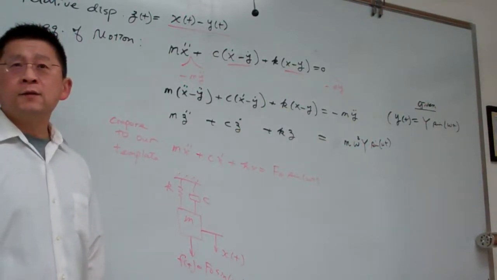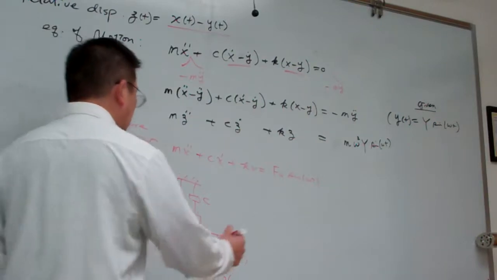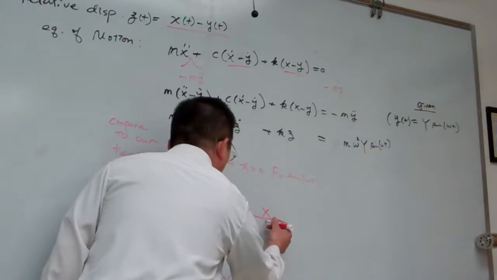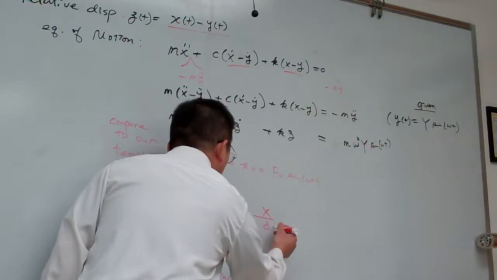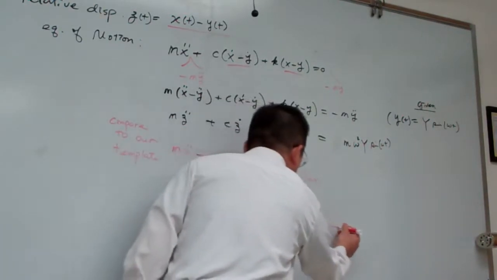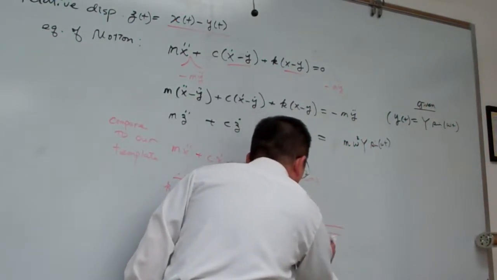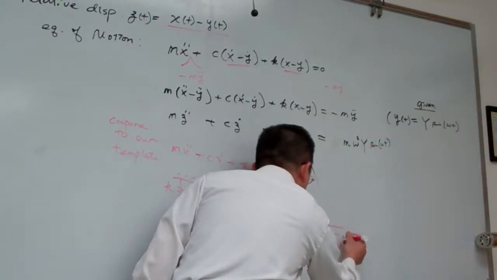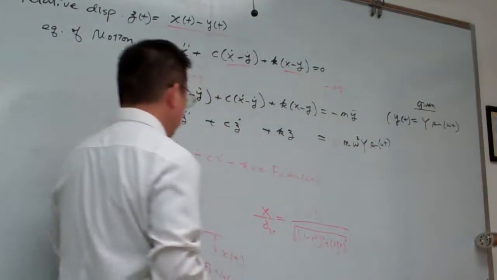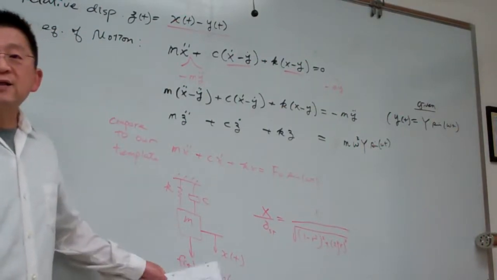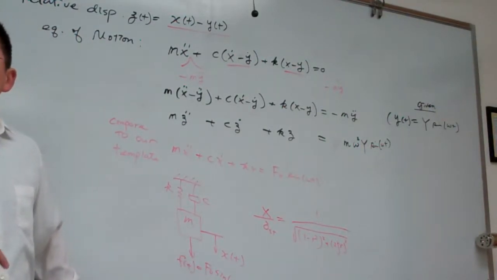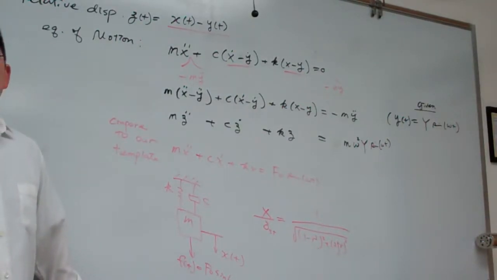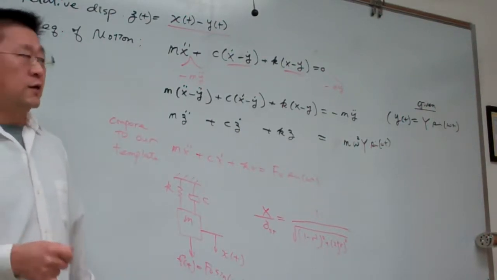We talked about the transmissibility. If you remember, x divided by delta st equals 1 over the square root of (1 minus r squared) squared plus (2 zeta r) squared. That is a piece of information we've been using from the very beginning; I believe it is the first portion of the first homework in these chapters.